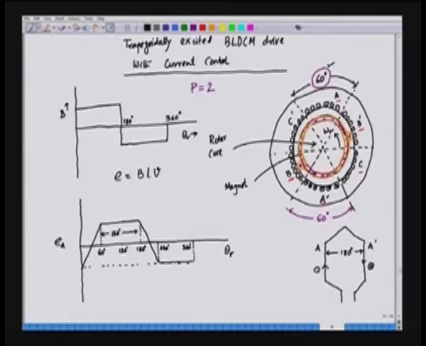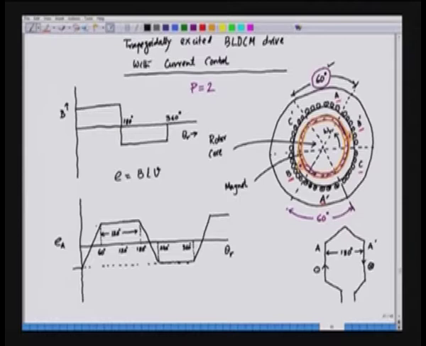So, we see that the induced EMF has completed one cycle. At the end of it, the same thing will repeat, the induced EMF will again rise and will be maximum here, and the same period will repeat. So, this is basically one cycle of induced EMF. It rises from negative maximum to positive maximum for 60 degree interval.